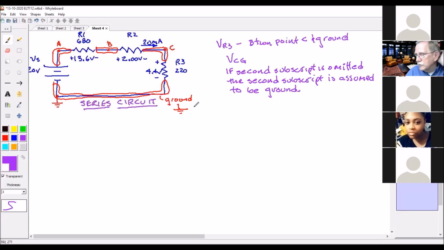And Ronnie, getting back to your question before, that's one of the other reasons why I put ground in the circuit, so I could talk about what happens if we have a voltage with regard to ground. So for R3, we would write VC equals plus 4.4 volts. All right. So the quantity is 4.4 volts.